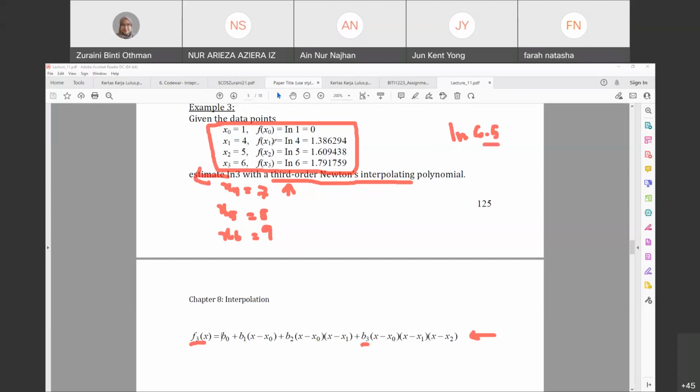Okay, so we can't find the third order tu daripada X0 tau. Sebab kalau X0, 1, 2, 3, 4 dekat sini, dia tak termasuk pun dalam selang tu. But you have to choose, contohnya X5 sebagai X0. Kita dah kena replace. Yang tu soalan yang lain pula. Yang nanti kita akan tengok soalan macam tu. But here they only give you 4 points, you stick to these 4 points.